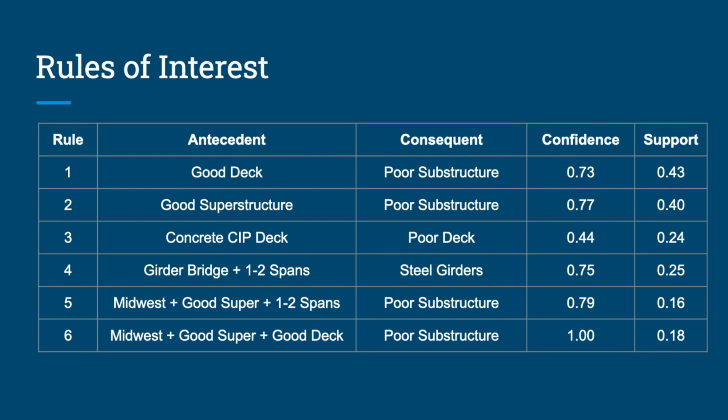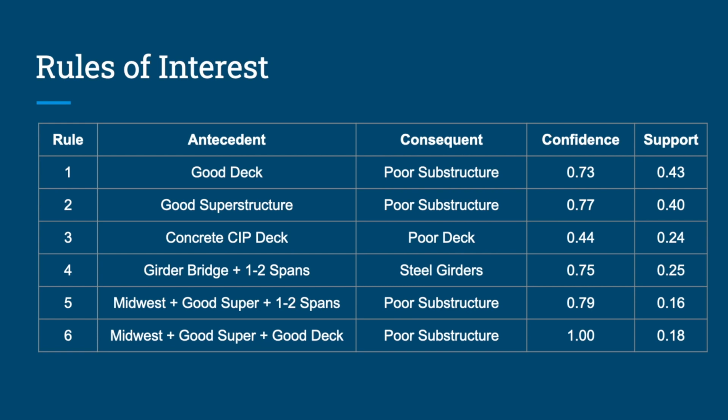The rules that came out of the FP growth analysis that seemed to be the most meaningful were these. I whittled this down from almost 400 rules down to these 6 that we're going to talk about here. Rules number 1 and 2 are interesting.